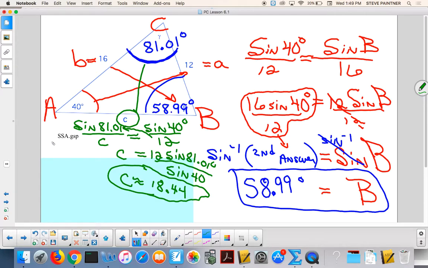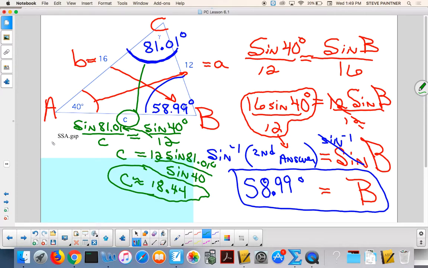So how do you get this answer? Well, this is 58.99. How do I get that? From there to there. Any idea? 180 minus 58.99.